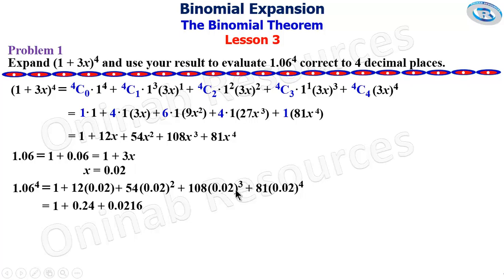Then we apply 6 decimal places. It gives 0.000864. Then finally we have this one as 0.00001296 after evaluating this.